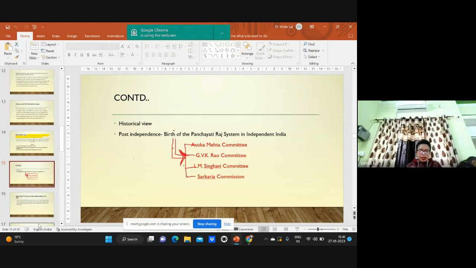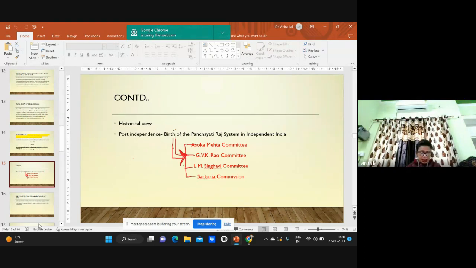Also, some planning functions may be transferred to the district level and elections of local bodies should be held regularly. So this committee believed that development was possible only if a large number of people participated in development activities. That is GVK Rao committee.